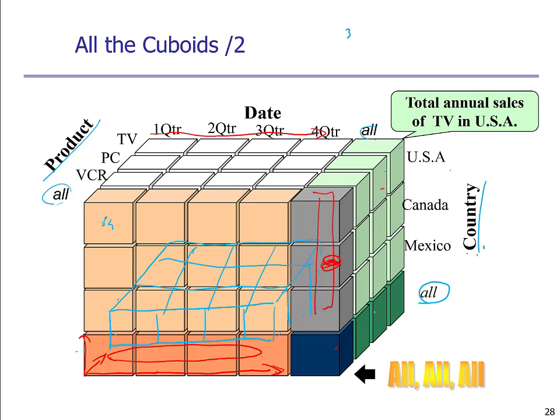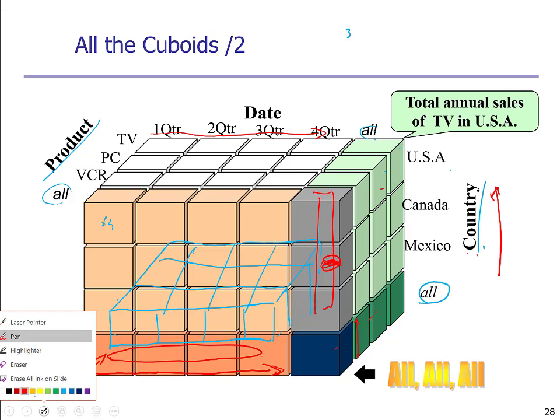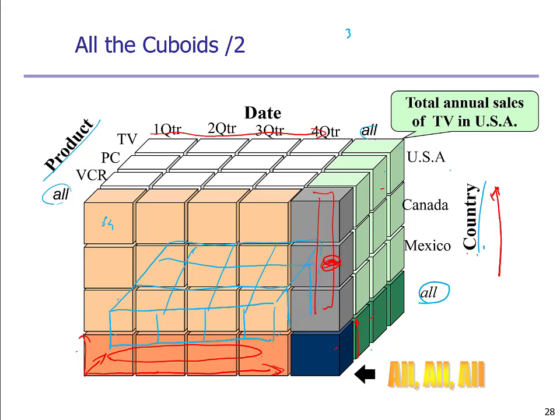Right? And similarly, for this green one, let's see, this dimension is product because it is parallel to the direction of product. Sorry, this dimension is country. It's my bad. This red dimension is country because it is parallel to the direction of country. And if we use another color, this dimension is product, right?